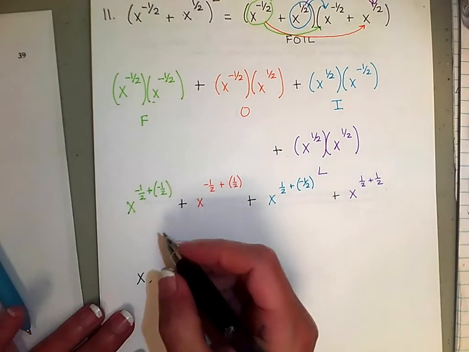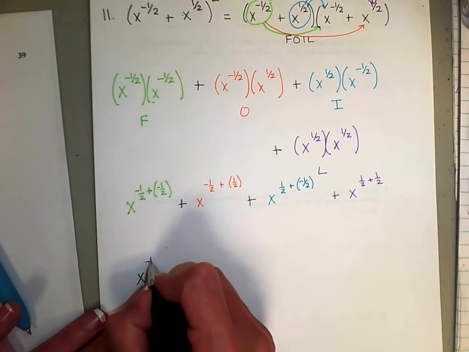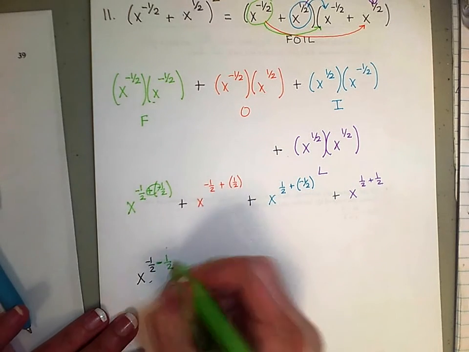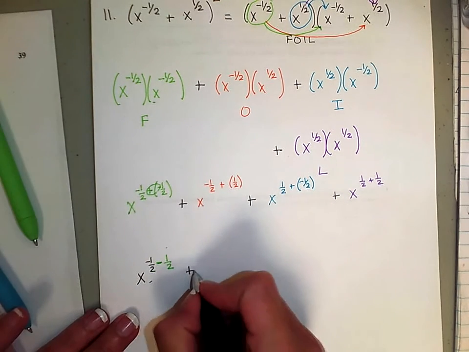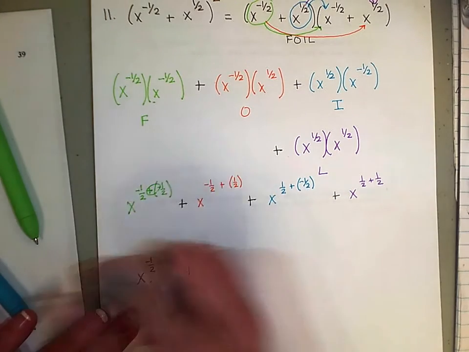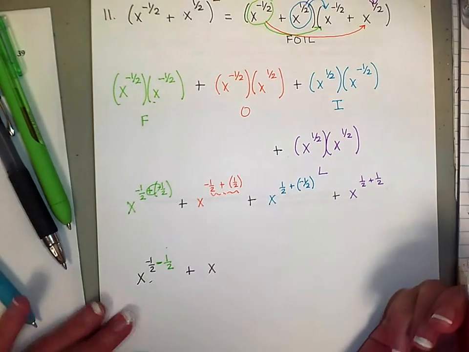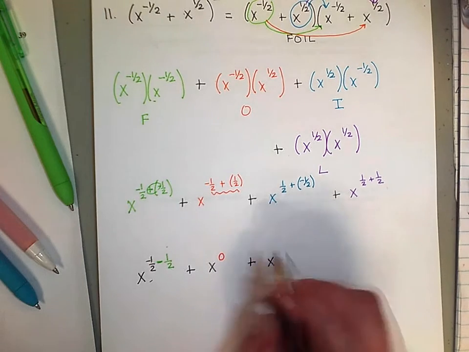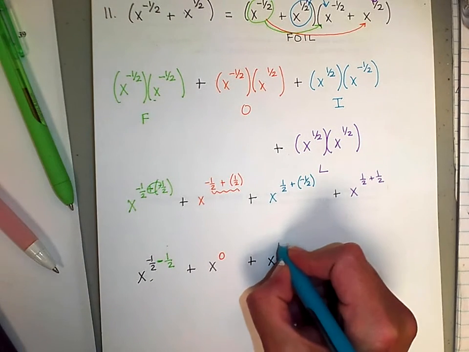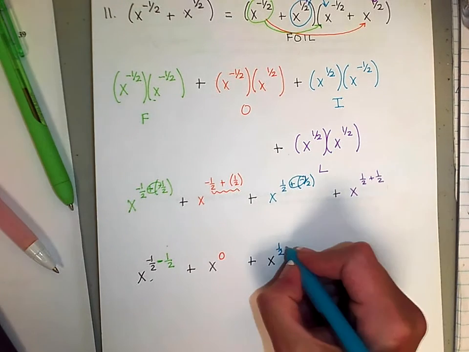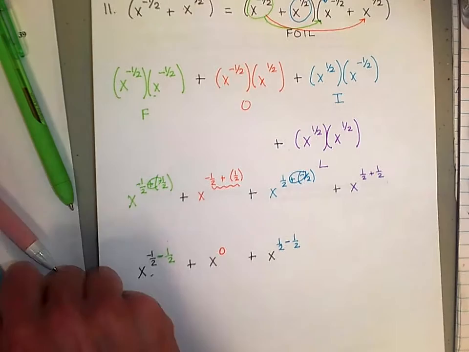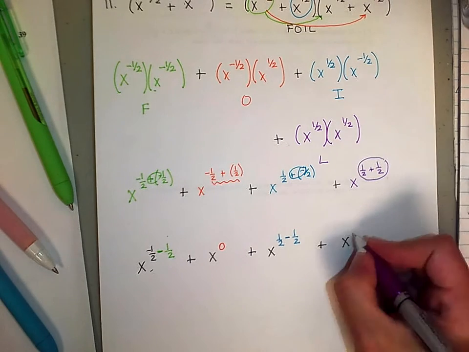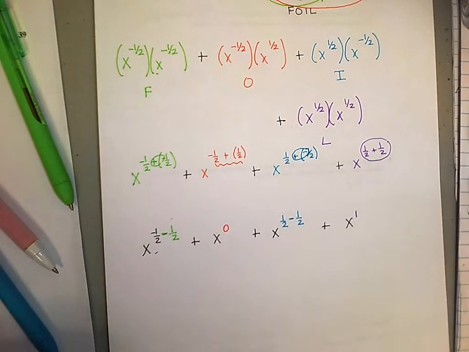This becomes x to the negative 1/2, just to remind ourselves, when you're adding a negative, we're subtracting. Plus x to the, and now here it's not so confusing, a negative 1/2 plus 1/2 is 0, plus x, again here, to the 1/2, adding a negative is subtracting, plus x, and 1/2 plus 1/2 is 1.